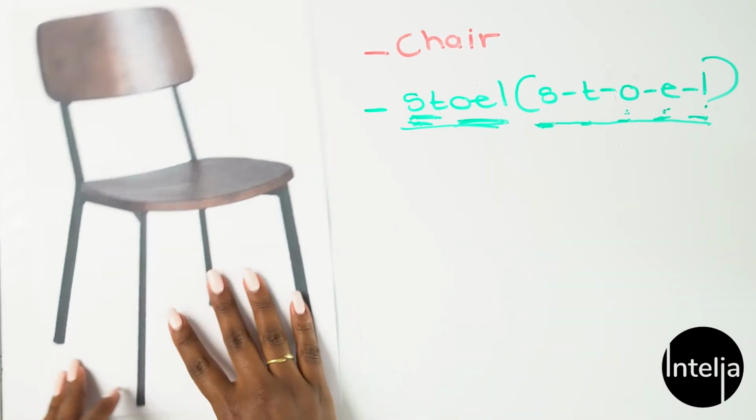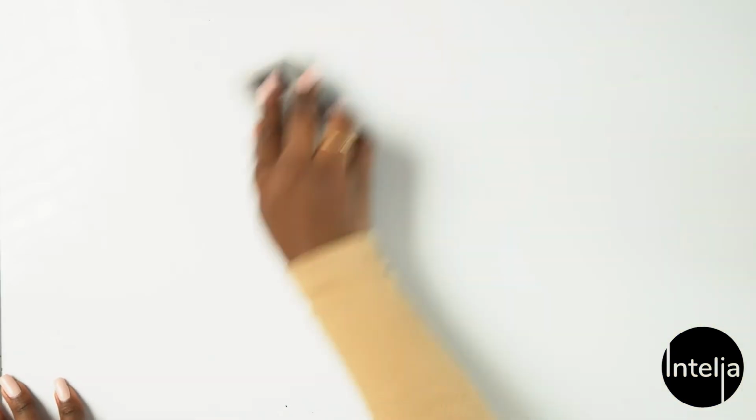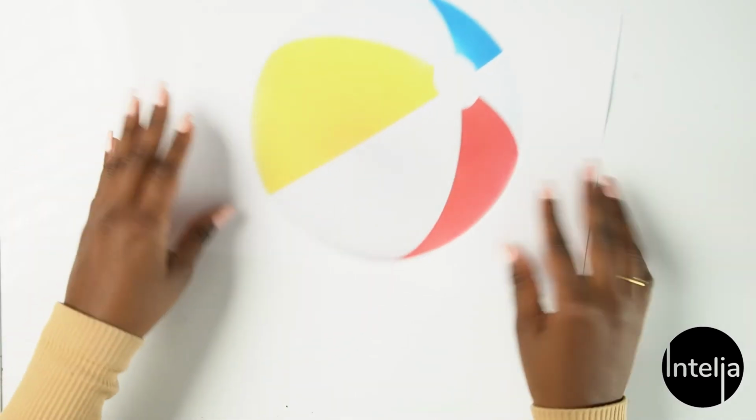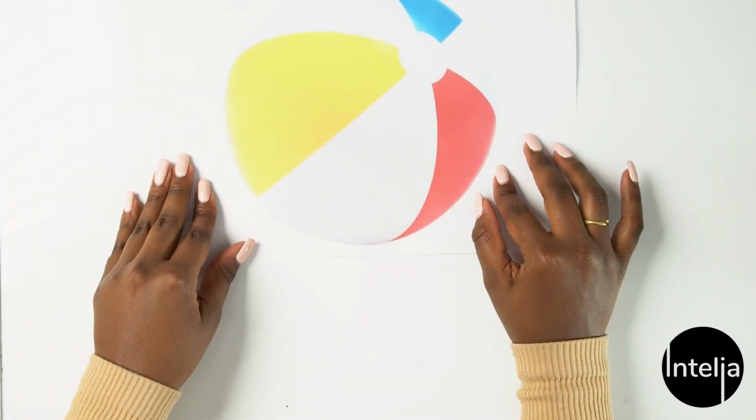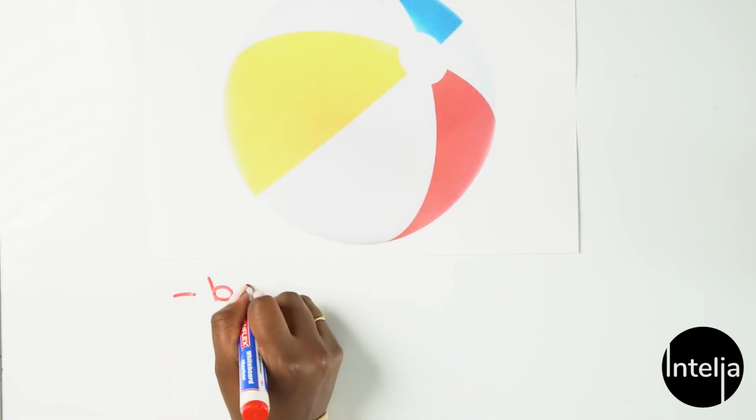Great job, guys. You guys are doing awesome. Let's move over to our next picture. Here's our picture. What do you think this looks like? That's right. It is a ball.